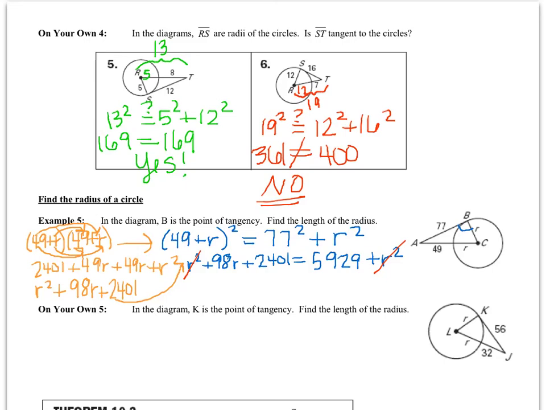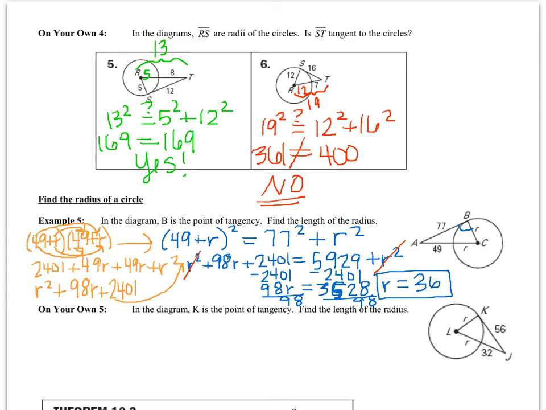If I move my like terms over by subtracting 2,401 from both sides, I have 98r equals 5,929 minus 2,401 is 3,528. Divide them both by 98. And r equals 36. So there's my radius.